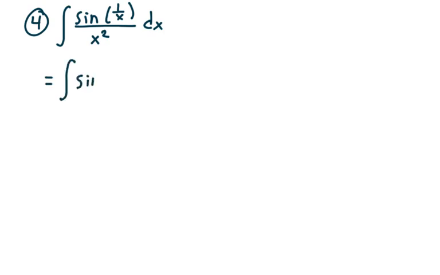On problem number 4, we have the integral of sine of 1 over x divided by x squared dx. Now, one thing you could do if this helps is rewrite this integral as sine of 1 over x times 1 over x squared dx.